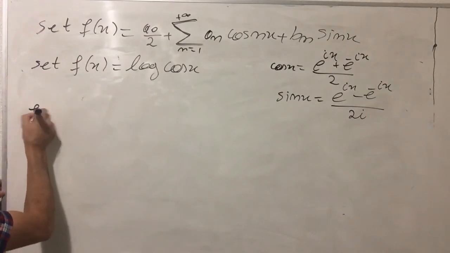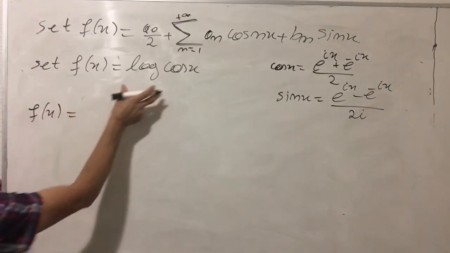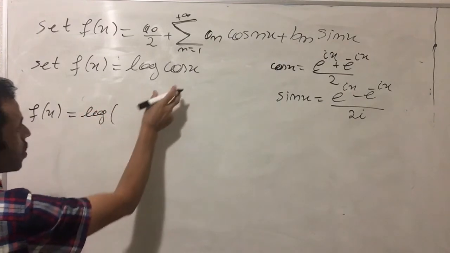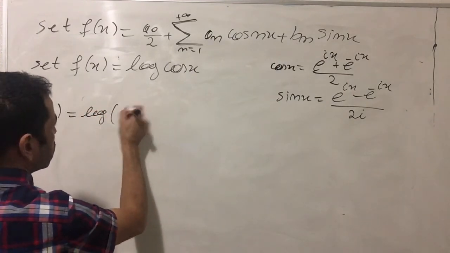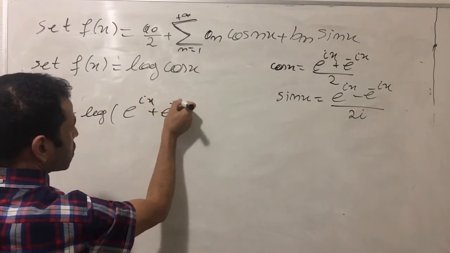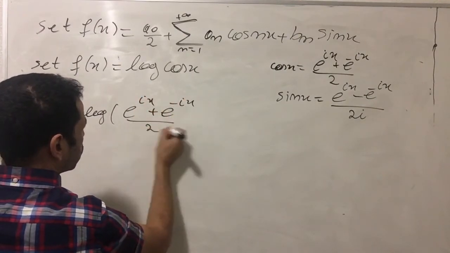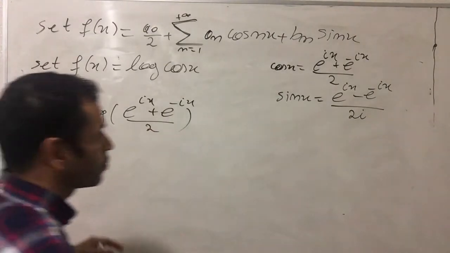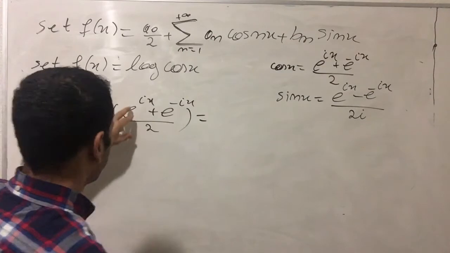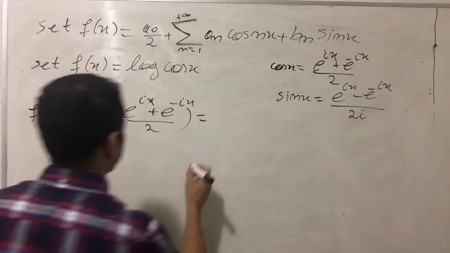So I will have f of x equal to natural log of cosine, which is e to the ix plus e to the minus ix over 2. Now I'm going to factor out e to the ix.